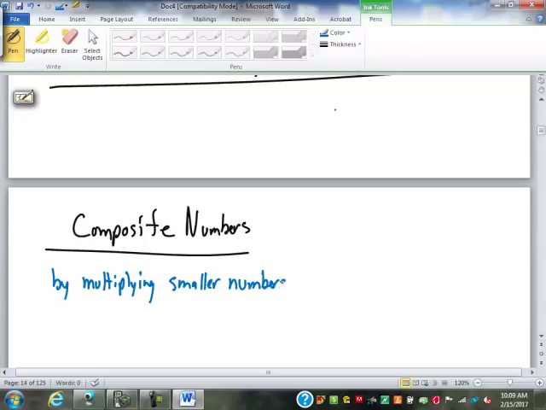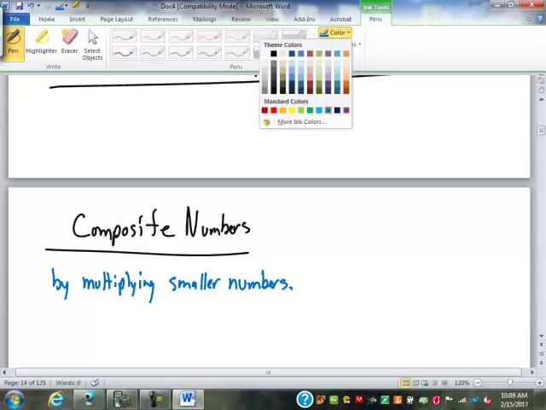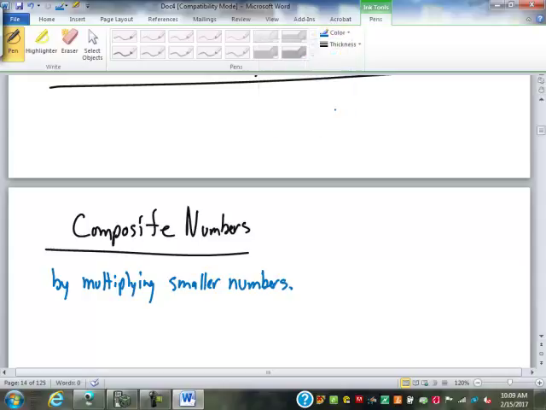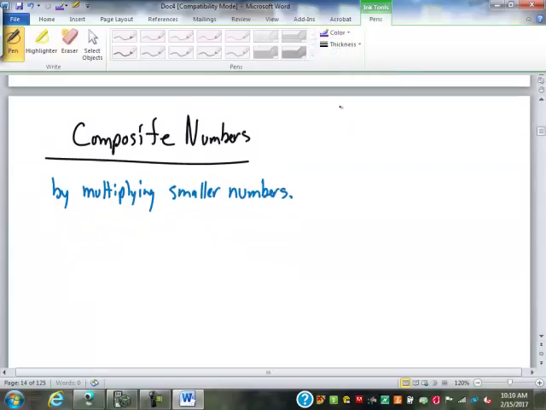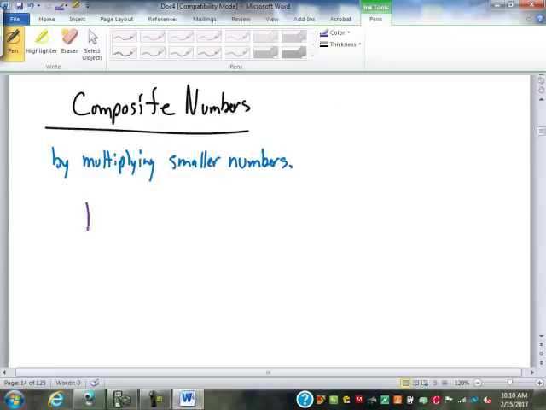If you look at composite, like composite materials, you mix together more than one type of material. But like 12 is composite because it can be broken down into 3 times 4. A composite number is divisible by numbers other than 1 and itself.